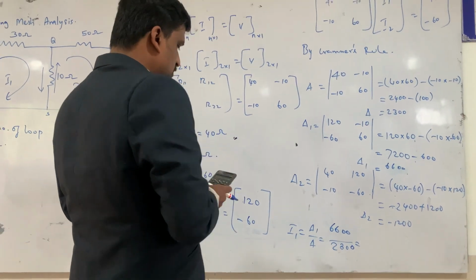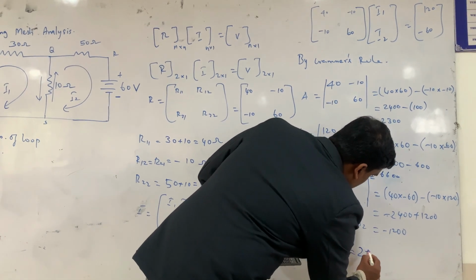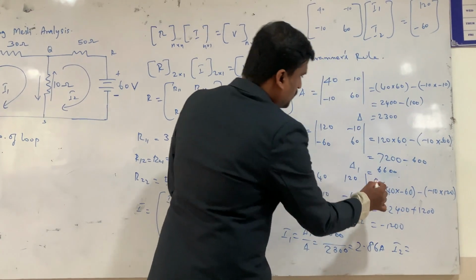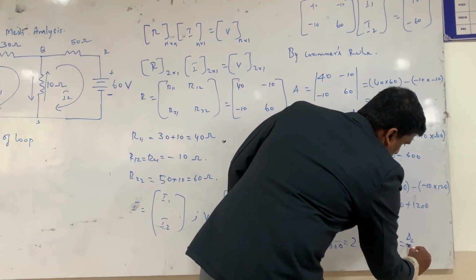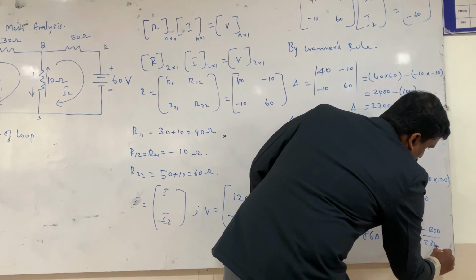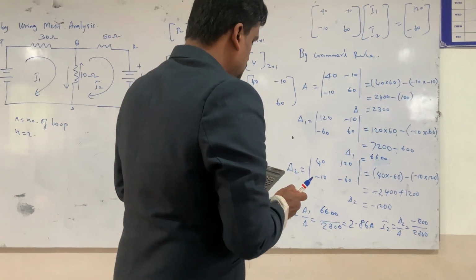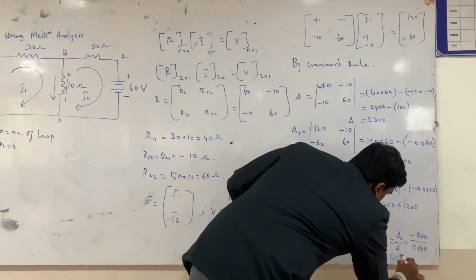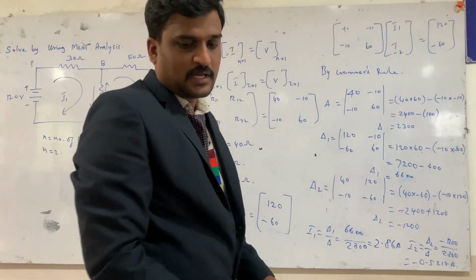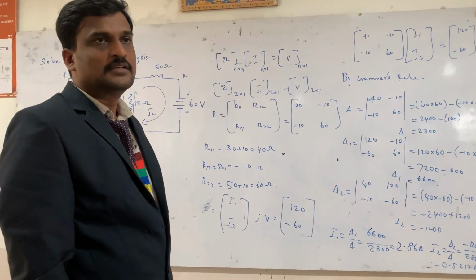So 6600 divided by 2300 gives 2.86 ampere. And I2 is equal to del 2 divided by del. So here it is minus 1200 divided by 2300, which is minus 0.5217 ampere. So by using the inspection method, also by solving the equations, we get the same answer.